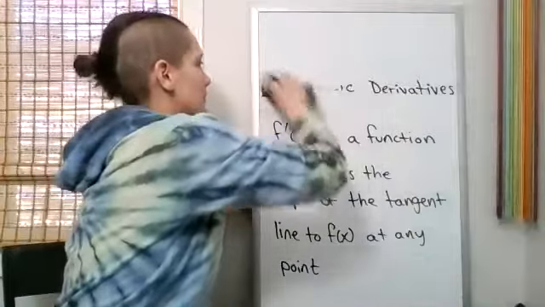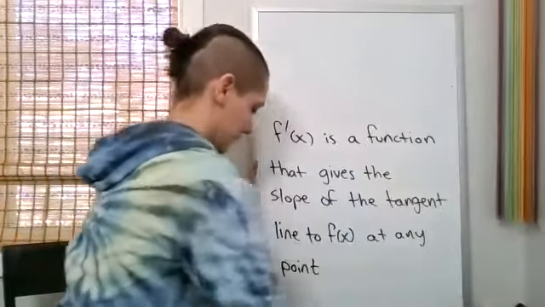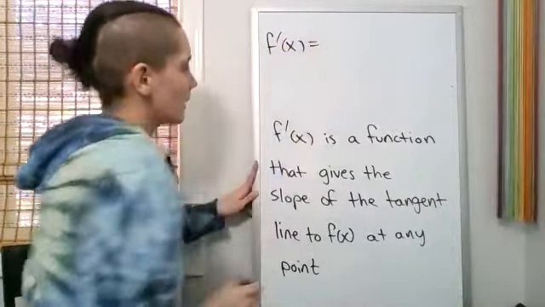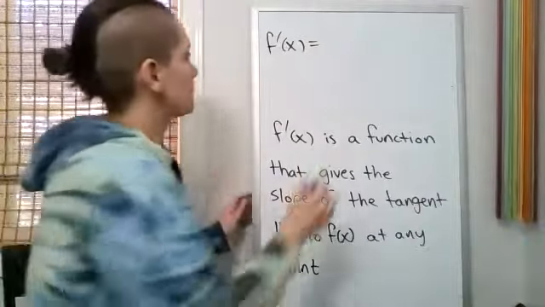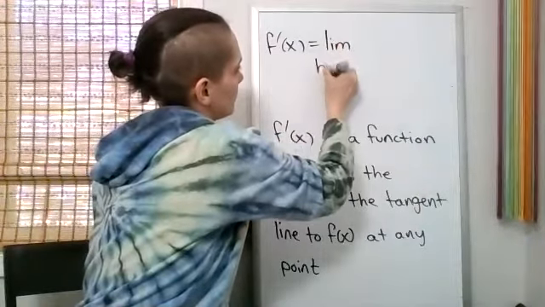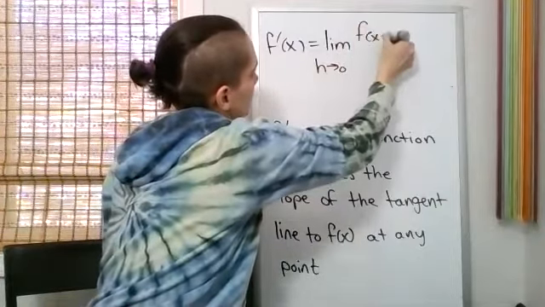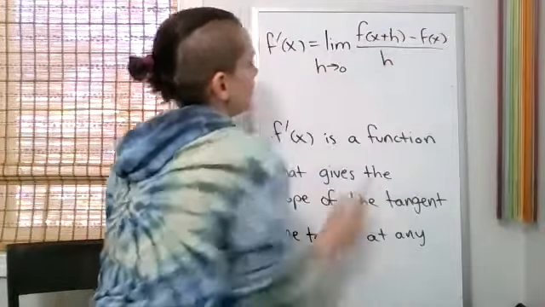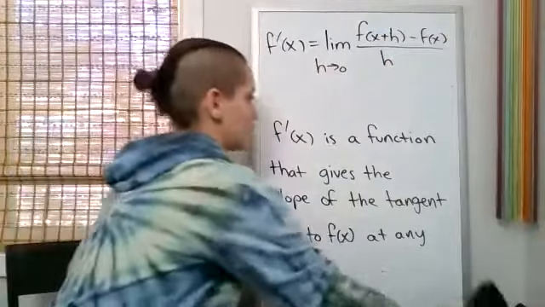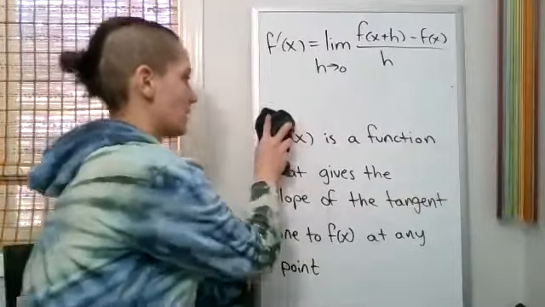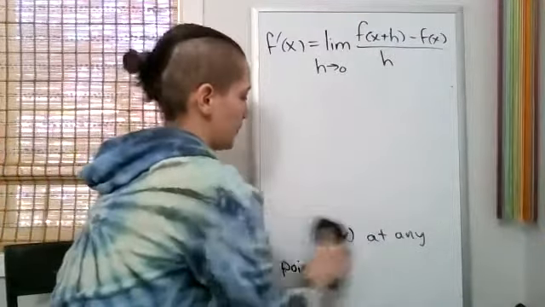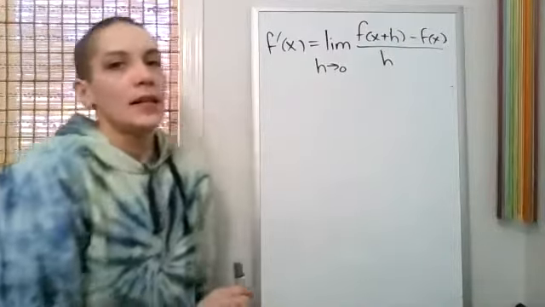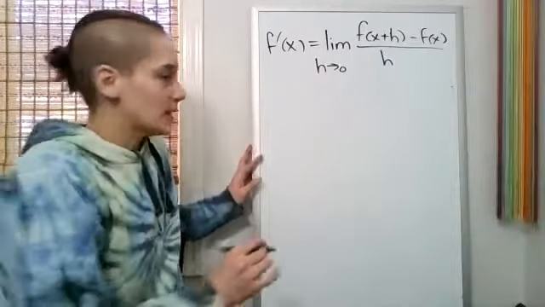F prime of x is the limit as h goes to 0 of f of x plus h subtract f of x, divided by h. And some notation.